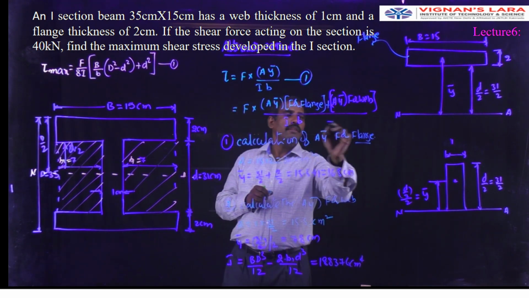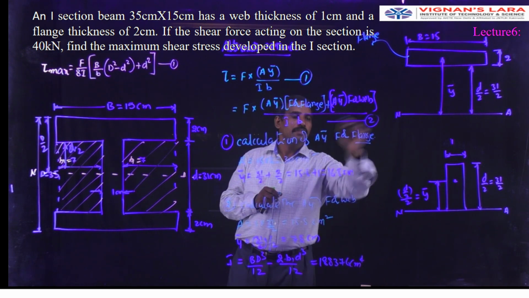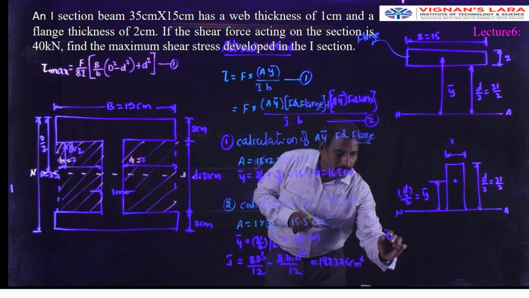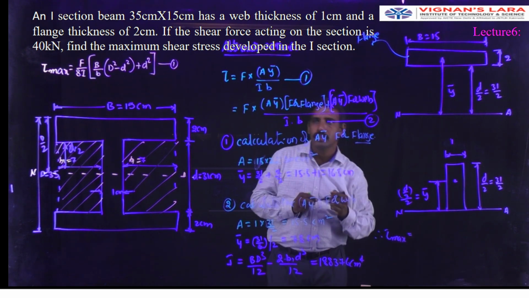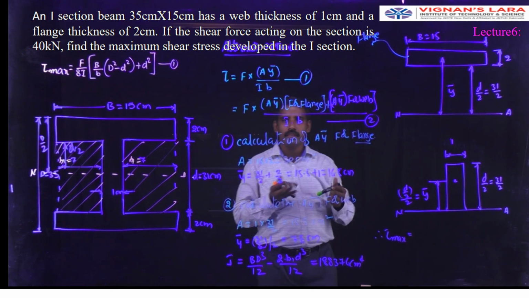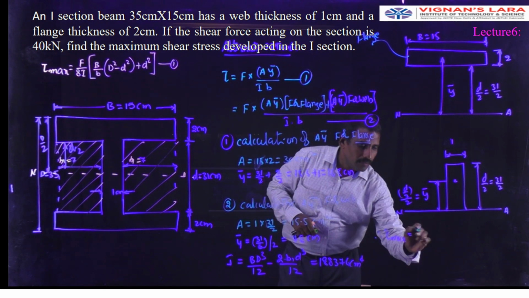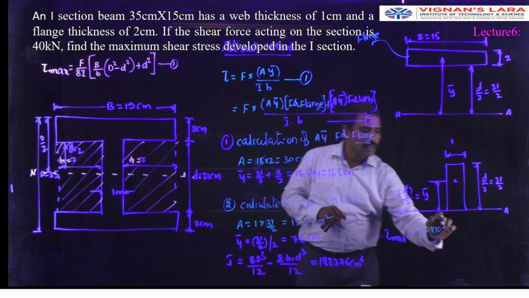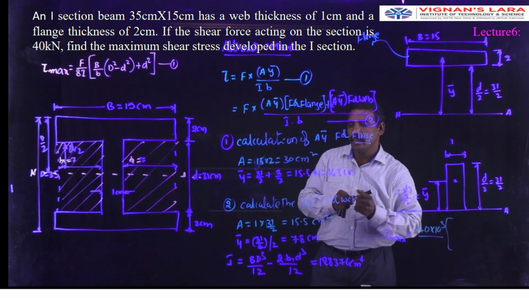I think we know all the values. Substitute all the values in equation number 2. Finally, after substituting, tau maximum is equal to F, which is 40 into 10 cube, divided by AY.